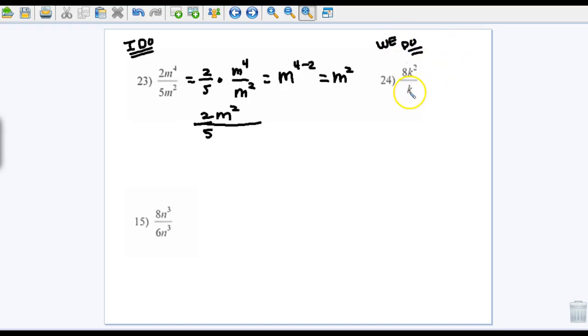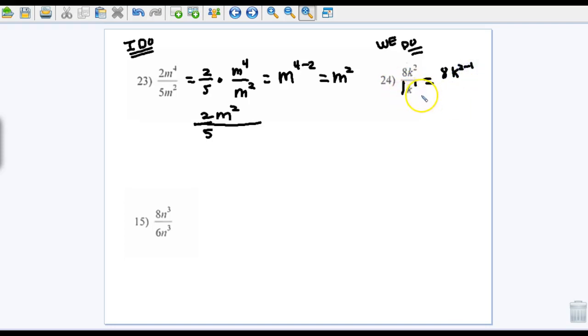Oh, sorry. So remember, when there's a variable by itself, it's just 1. And this exponent is also going to be 1, since anything to the 1 is itself. And we're going to solve this problem by simply 8 divided by 1 is going to be 8. So I know there's going to be nothing on the bottom. I'm going to bring this up to the top by saying k squared minus 1.